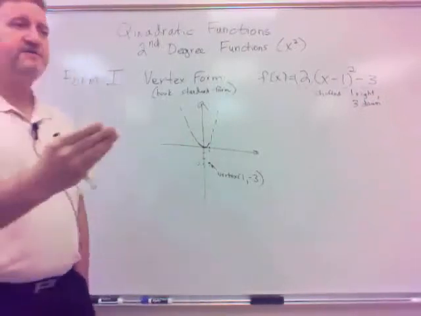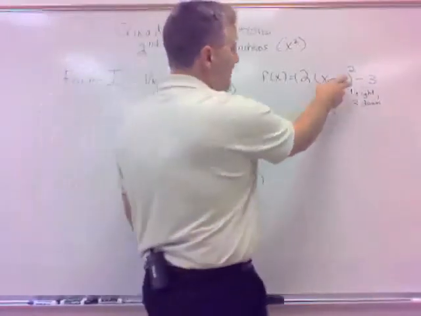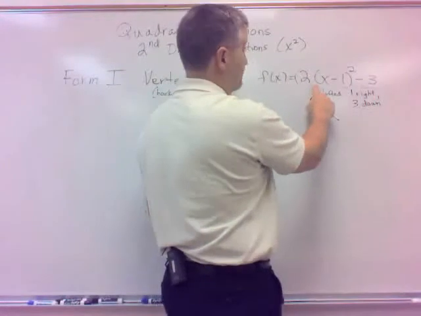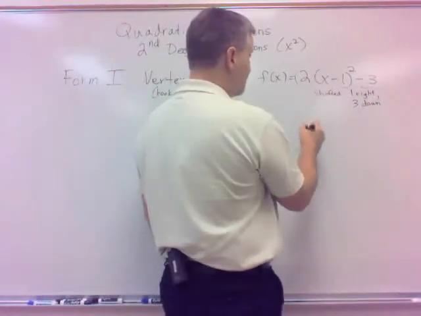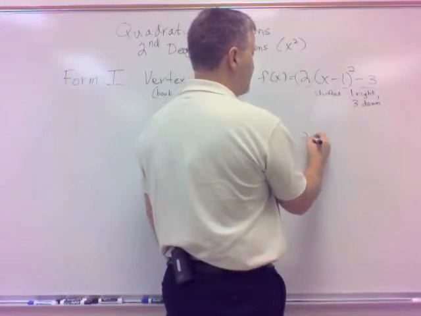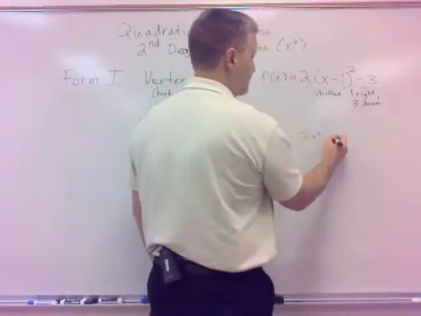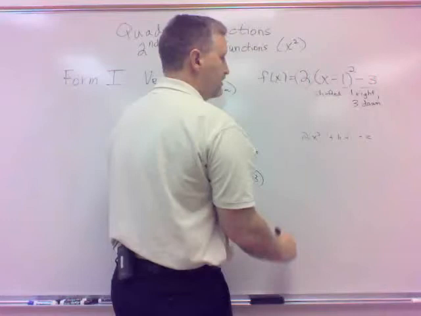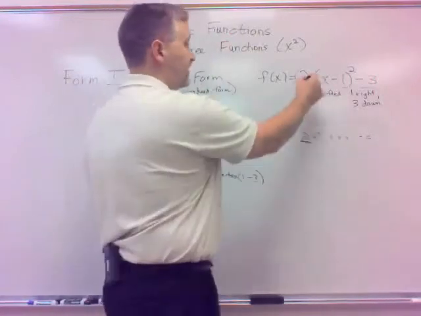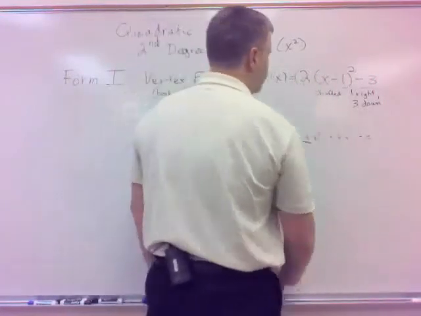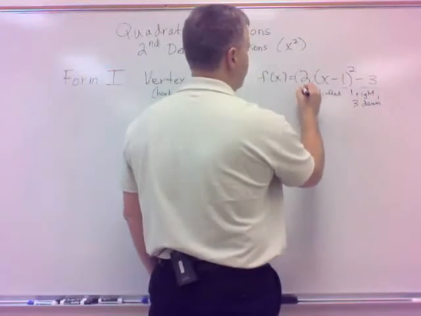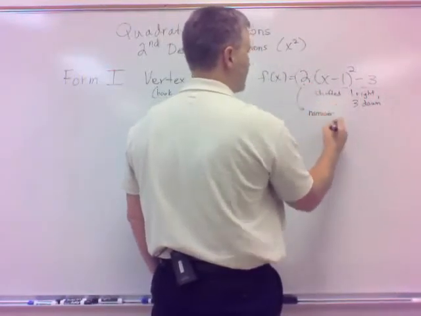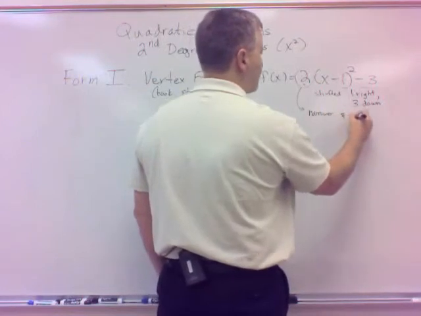You're going to have a positive x squared because you'd have to FOIL that out a little bit and multiply it by 2, but it's going to wind up being, if I multiplied all that out, 2x squared, something x, something c, but the x squared is going to be positive because of that number right there. Okay, so it's going to be narrower and it's going to open up. Narrower than the x squared graph and opening up.